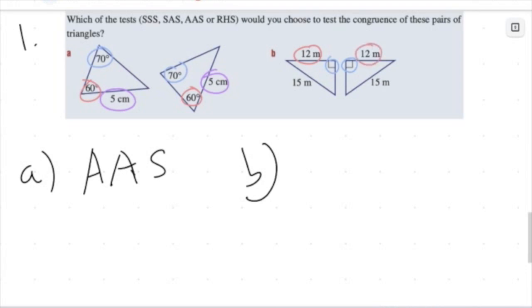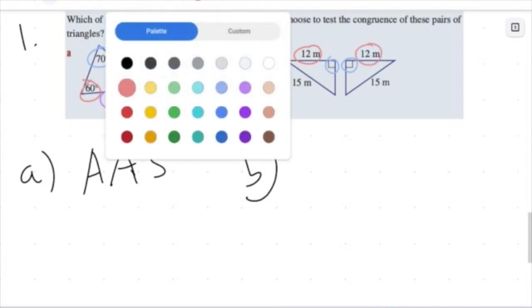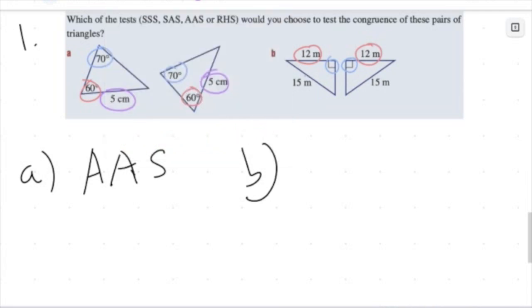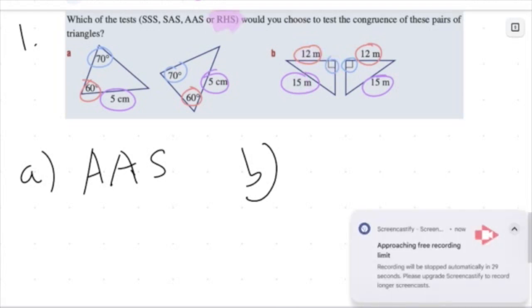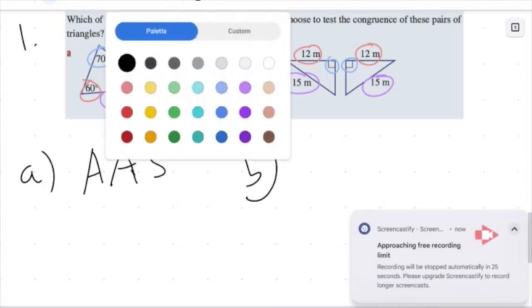We have another pair of equal sides, and we also have that the hypotenuse, the side opposing my right angle, those are equal too. So we have a side, a right angle, and a hypotenuse. So clearly we're going to be using RHS.